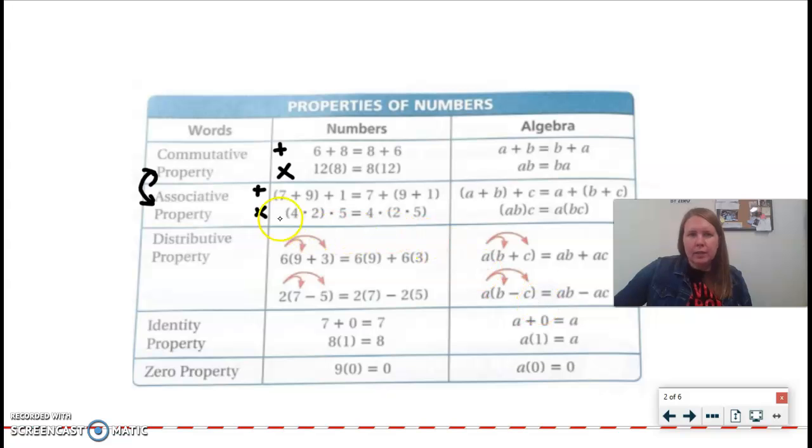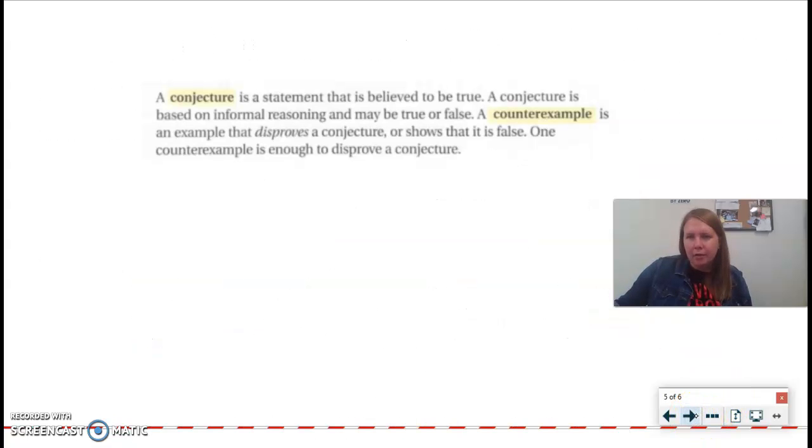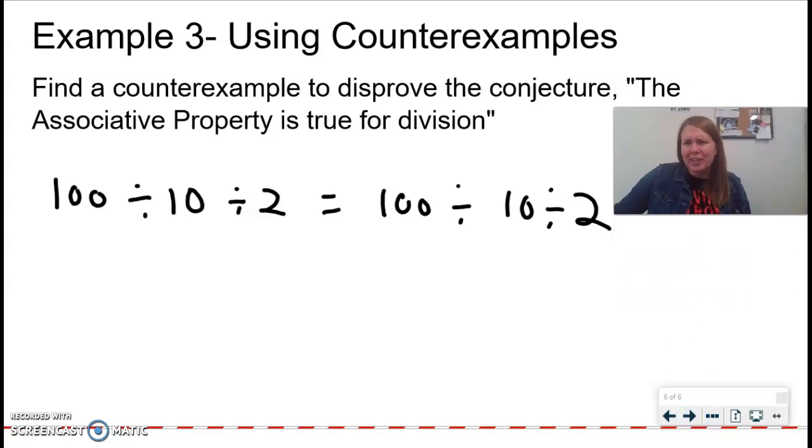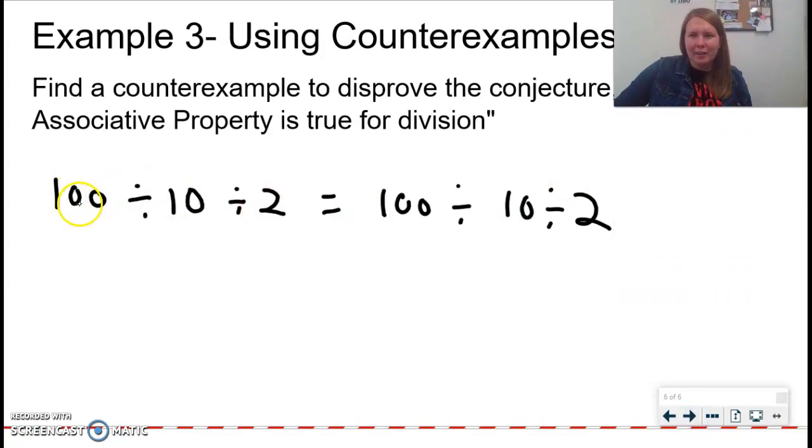On the left side, let's group 100 and 10 together. I just came up with a random problem on my own. I'm pulling these numbers out of my head because I know I could easily do this in order of operations: 100 divided by 10 is 10, then 10 divided by 2 would be 5. So let's add our parentheses here, and then we'll do this one too.